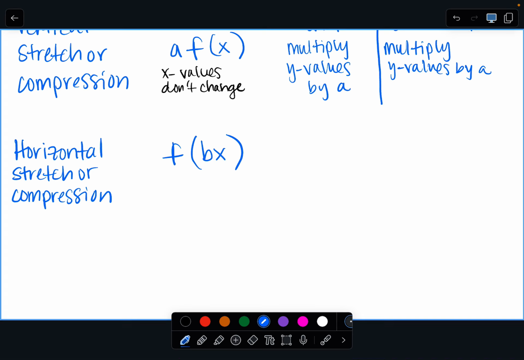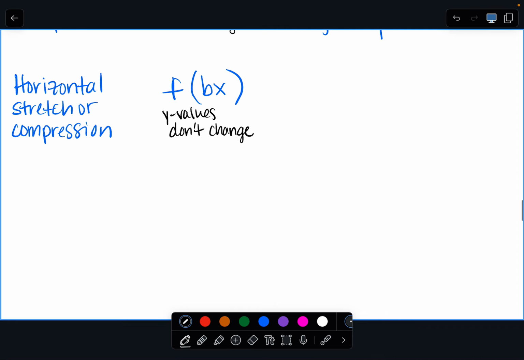It's inside the function. And just in the same sense of things, we can say y values don't change. And you'll notice that when I write these out, I will immediately first go in and write the values that don't change, just so I make a note to myself that these I'm not touching at all. So then we're going to go in and we're going to do, let's see who's here.